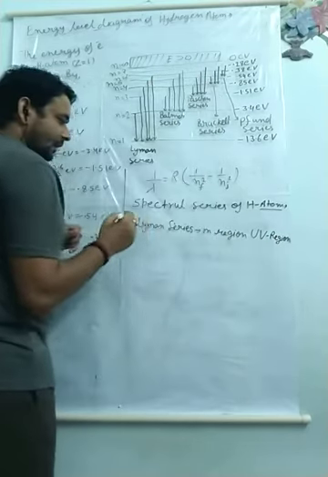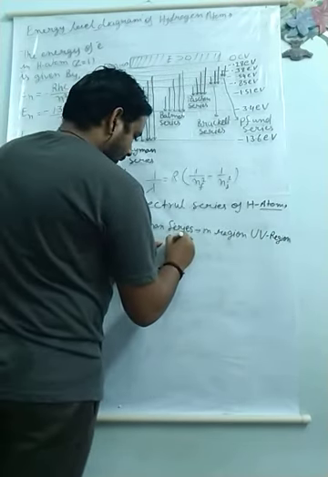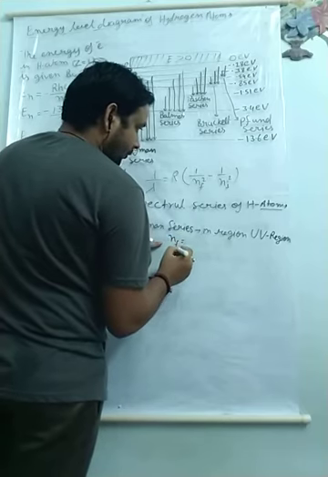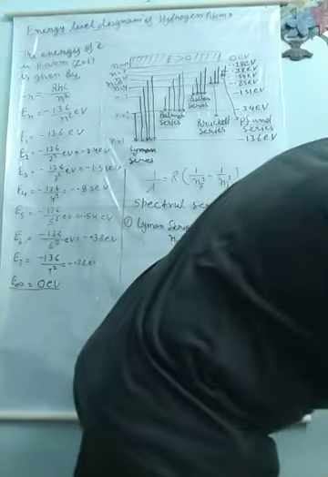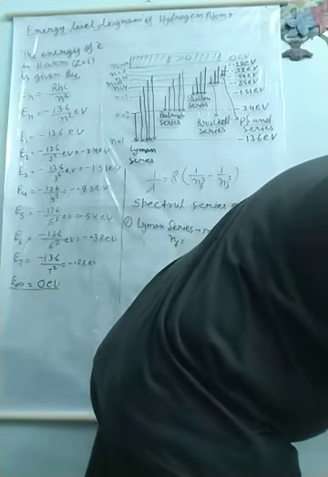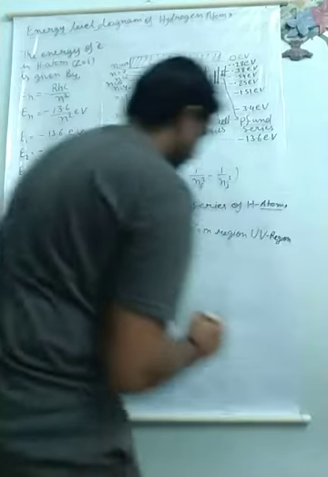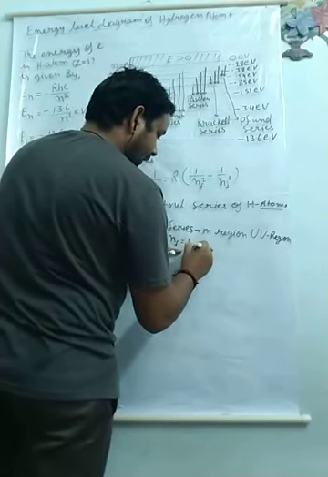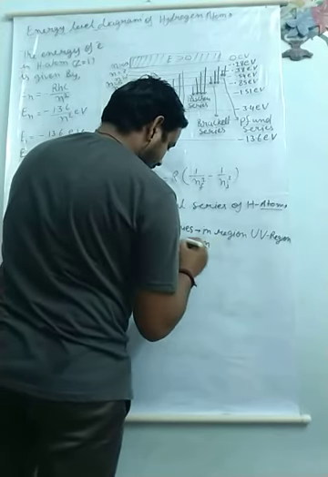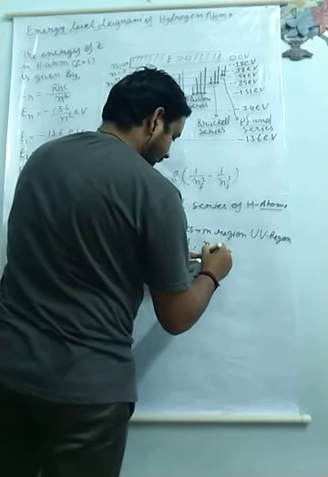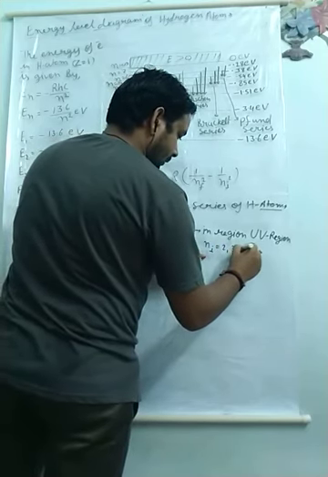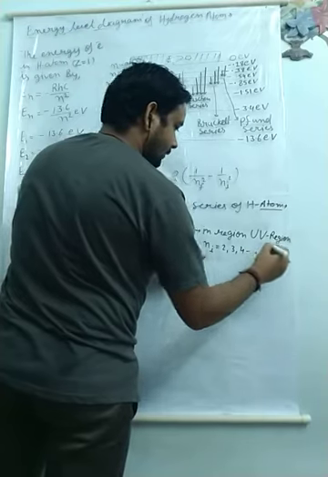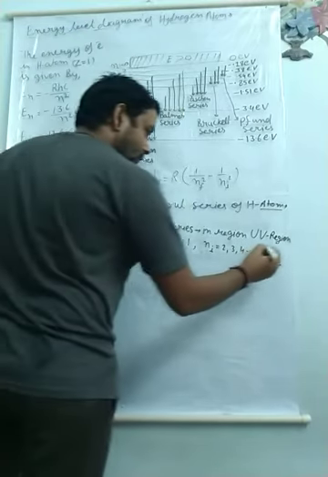Okay, for Nf equal to 1 and Ni equal to 2, 3, 4 and so on to infinity.